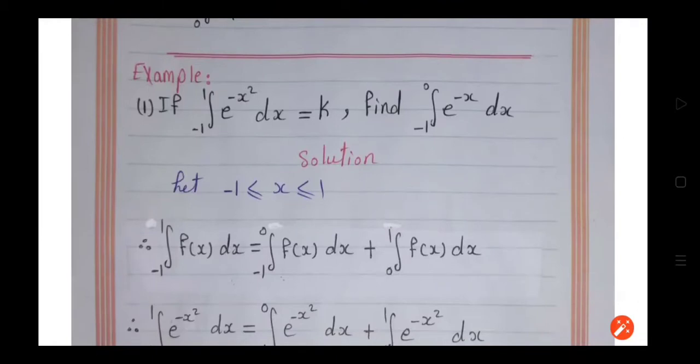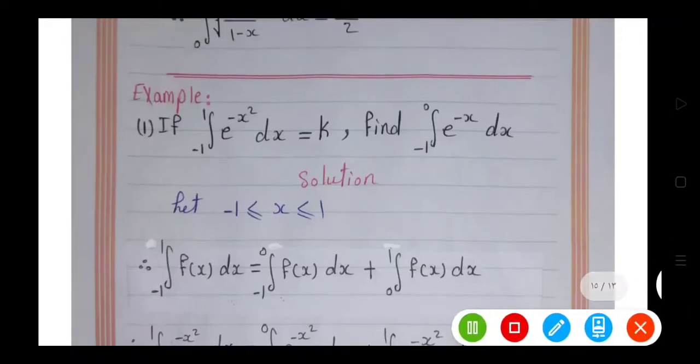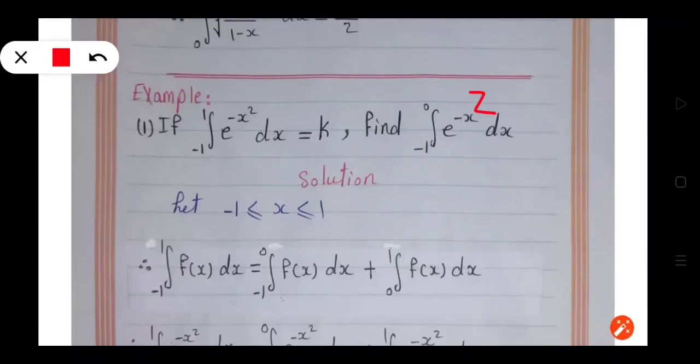Now, example. If the definite integral from negative 1 to 1 e power negative x squared dx equals k, find the value of the definite integral from negative 1 to 0 e power negative x squared, the same function, dx.